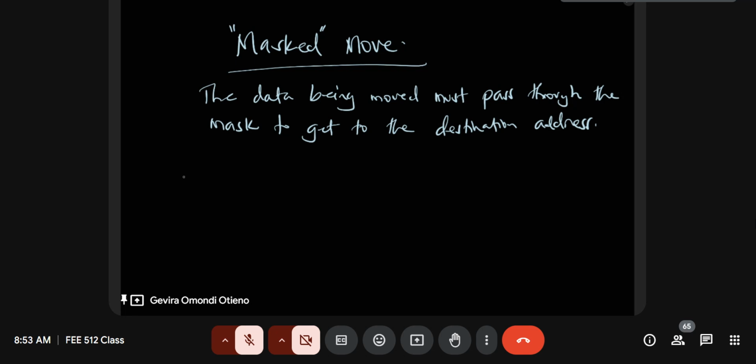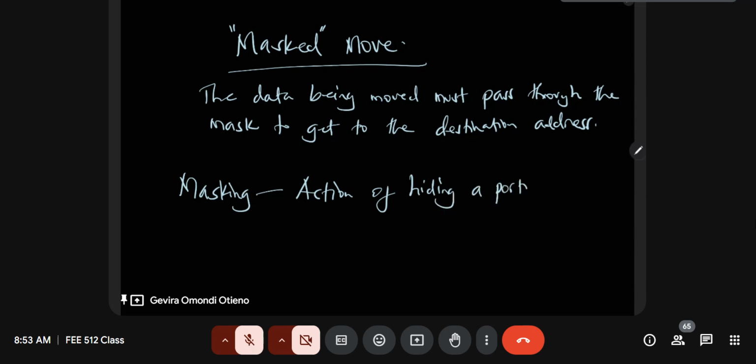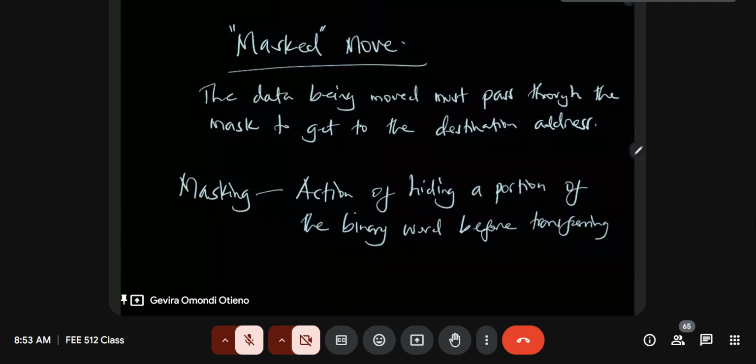So what is masking, as used in computer language or PLCs in this case? Masking is just the action of hiding a portion of the binary word before transferring it to the destination.